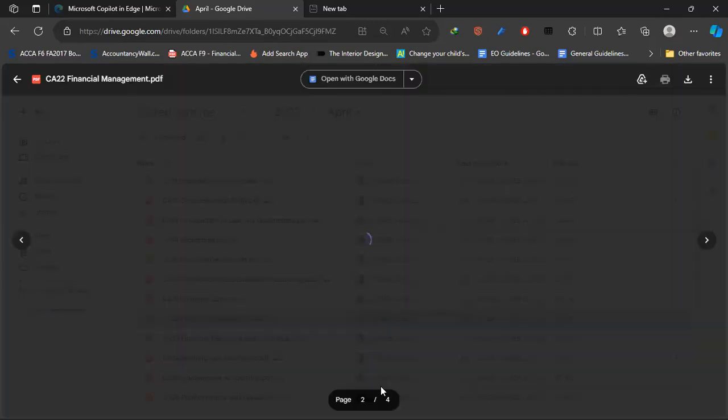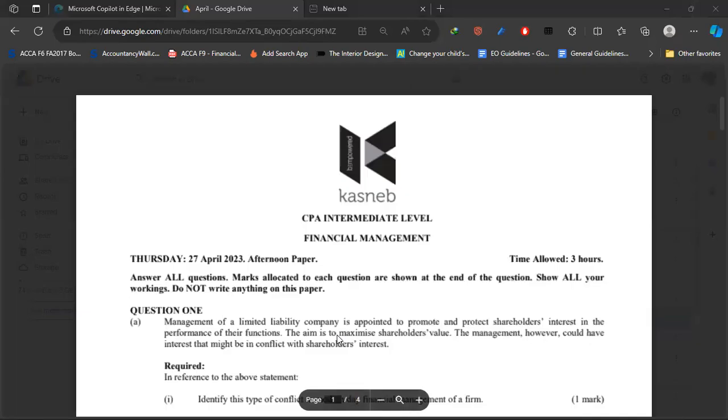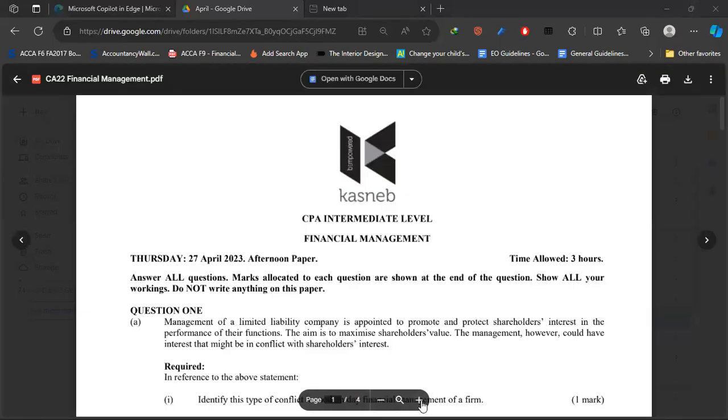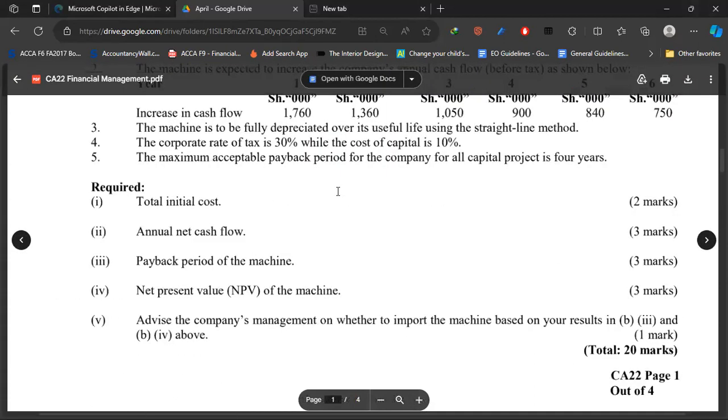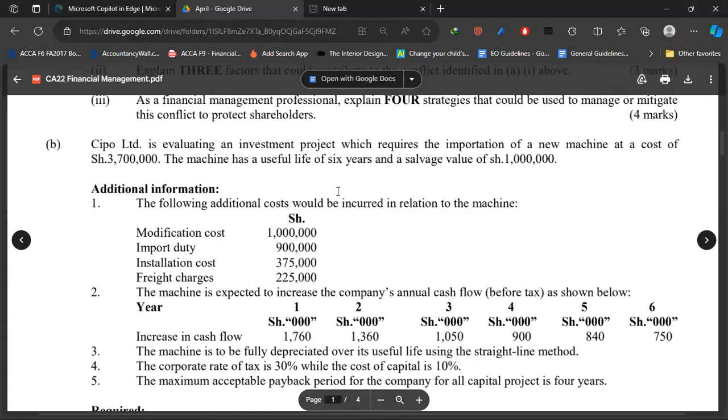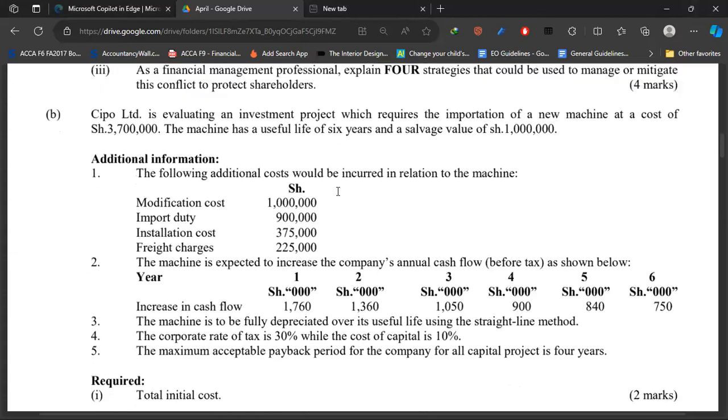Who's reading for us now? I think Dan should be reading for us. The question is question 1B. Someone reads? Oh, I wrote April 2023.